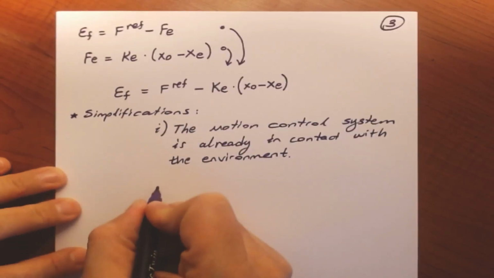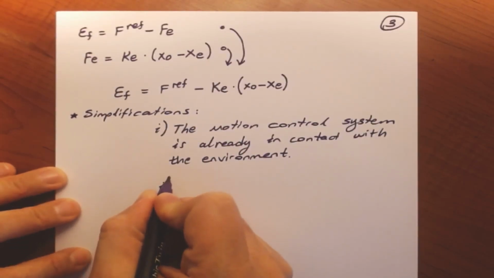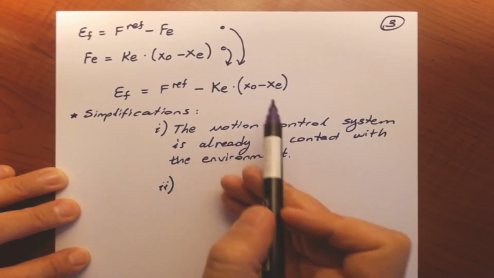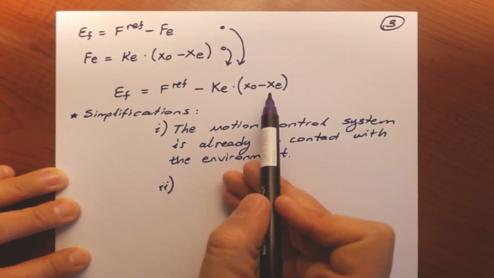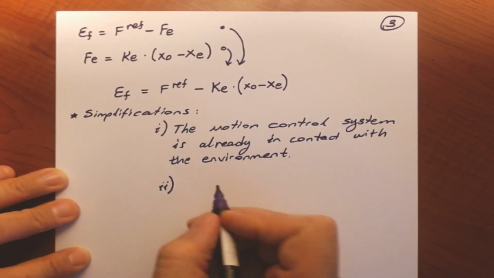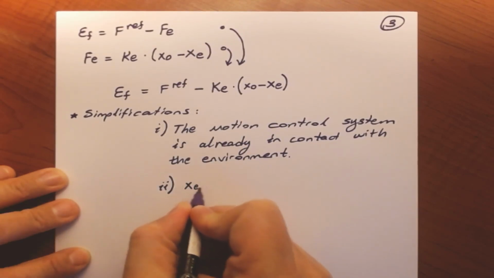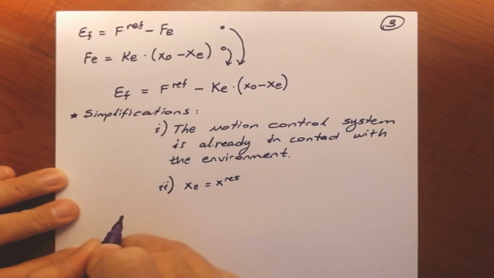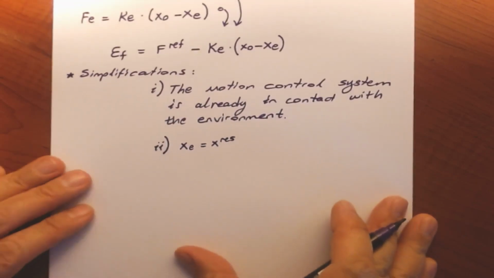And the second is, of course, if we take it this way, XE, the deflection created in the environment, will be equal to our system's response motion, right? XE will be equal to X response.